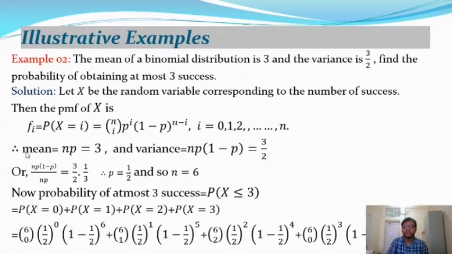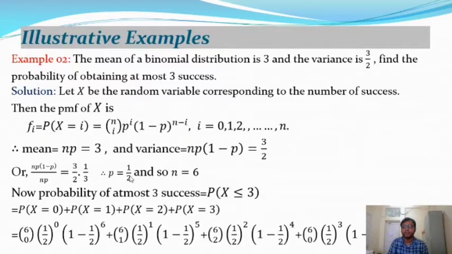According to the question, the mean is equal to 3, that means np is equal to 3, and the variance, that means np into 1 minus p, is equal to 3 by 2. Now dividing the second equation by np equal to 3, we get 1 minus p is equal to 3 by 2 by 3, that means p is equal to 1 by 2.